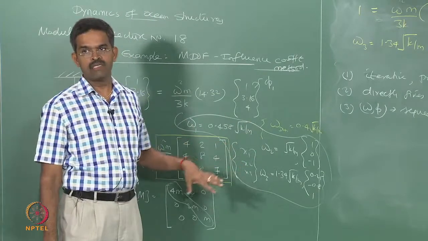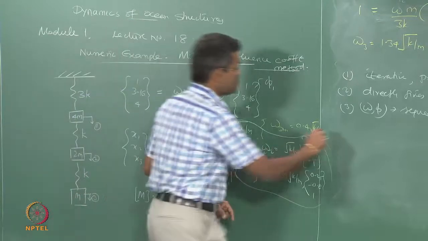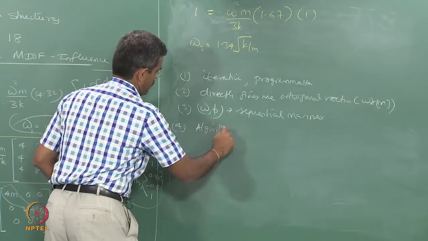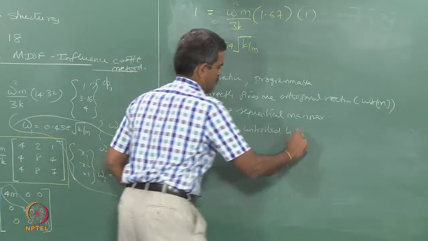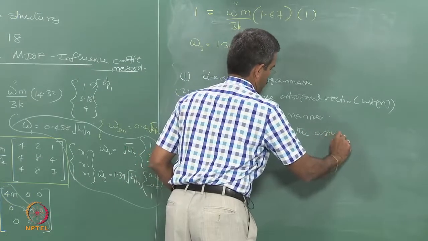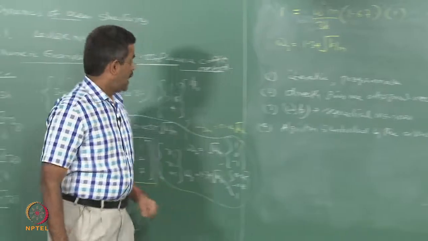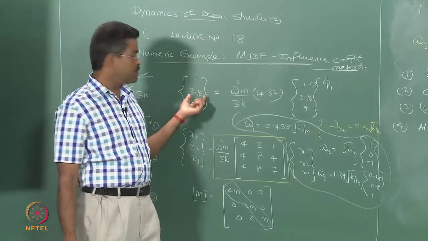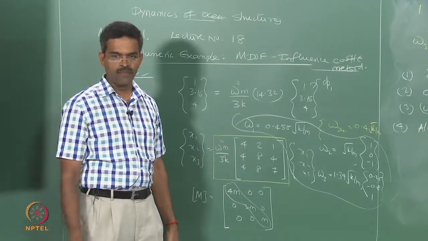Now, you can very easily understand the whole algorithm is controlled by the assumption of a vector. Had you assumed a different vector here, you would get omega 1 as something which may not be actually the natural frequency of the system fundamental. You get some other value.